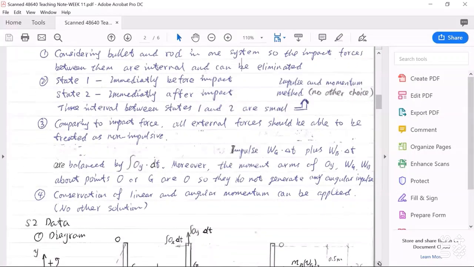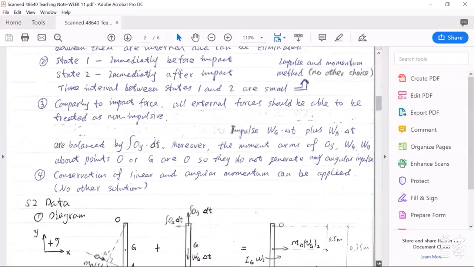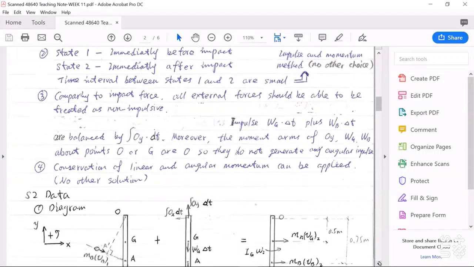Two positions or two states. One is immediately before impact happens. State 2 will be immediately after impact happens. Again, between state 1 and state 2, the time interval is very, very small. It cannot be measured.